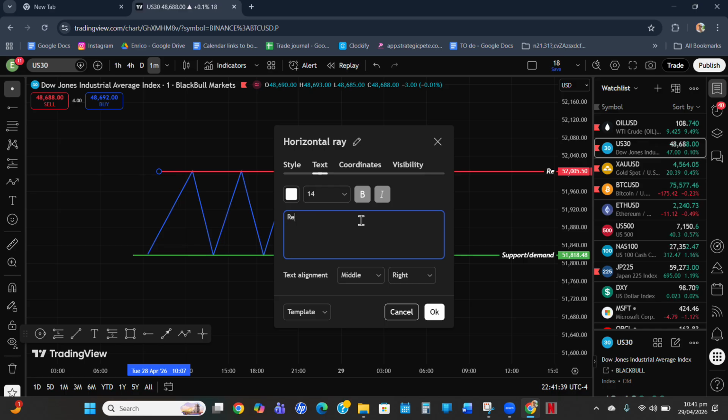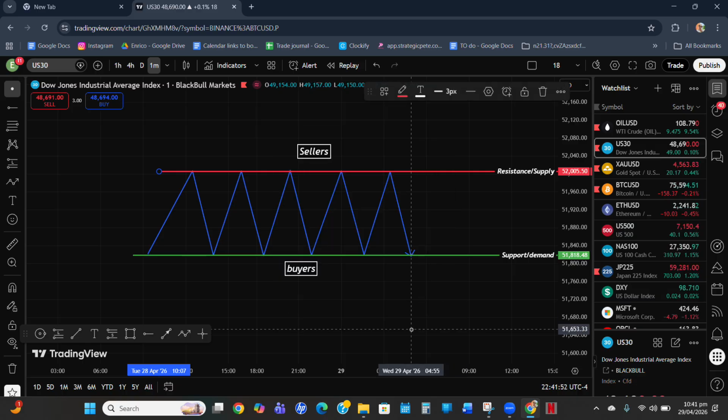We call this our resistance. You may also refer to it as our supply. To keep things simple, we're just going to call this our support and our resistance.